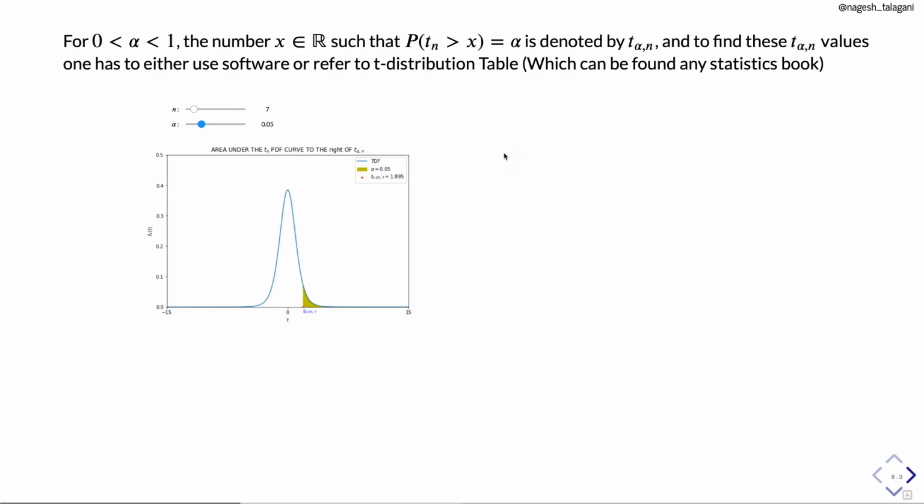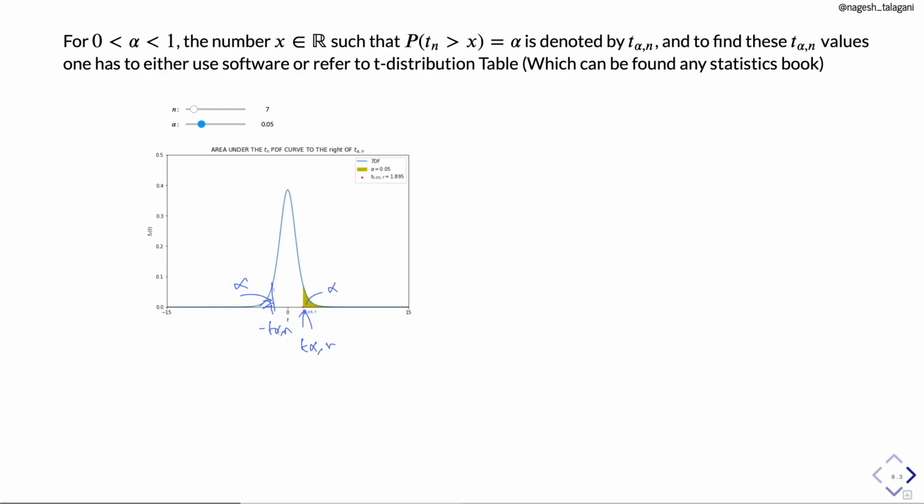Now if this is t_{alpha,n}, then for the minus t_{alpha,n} location, because of symmetry, as this area equals alpha, this area also must equal alpha. So the area under this PDF curve, left side of this minus t_{alpha,n}, equals alpha.